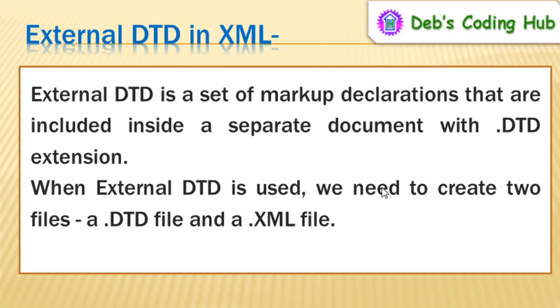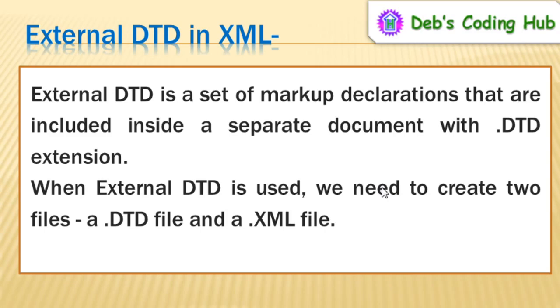So instead of putting the DTD declarations inside the XML file, we extract it from there and write it in a separate file, and that file must be saved with an extension of .dtd.